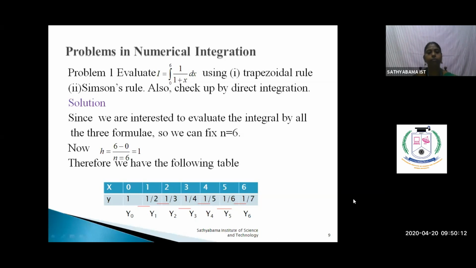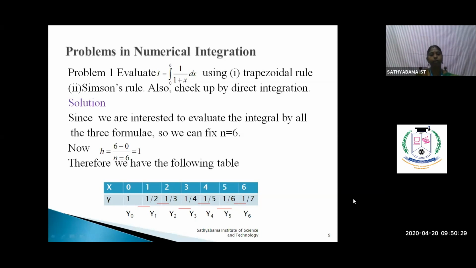So I took n equal to 6 here. Now what do I get? (6 minus 0) by 6, 6 by 6, that's equal to 1. Therefore we have found the value of h. h is equal to 1.